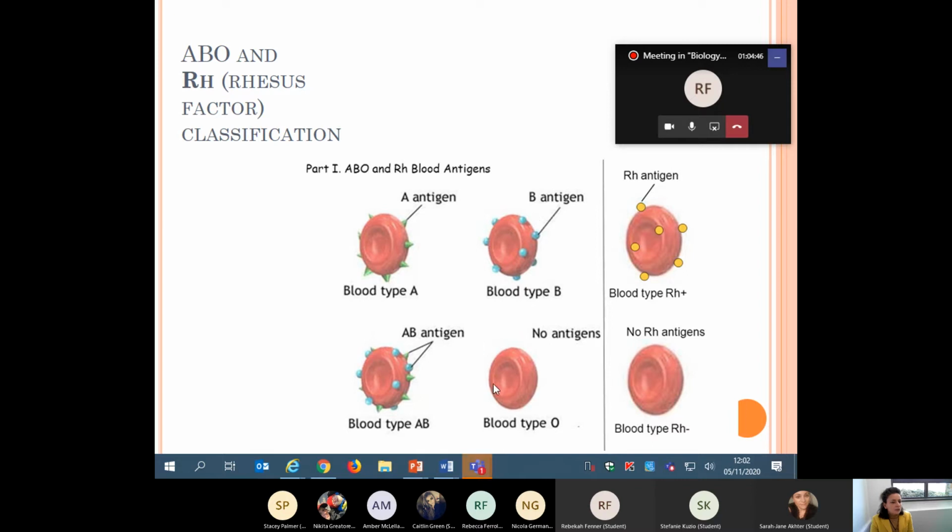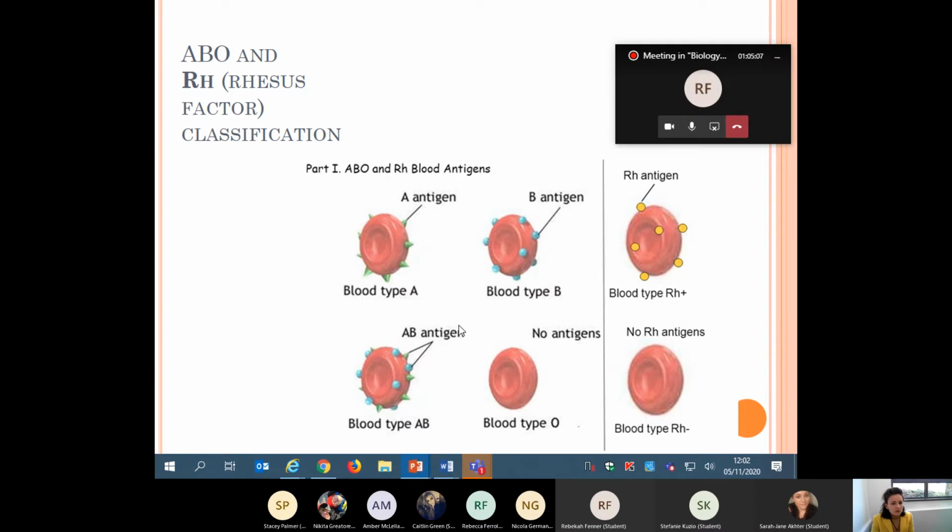Would the immune system be able to recognize antigen A? No, because the immune system is saying, never seen it before, have no idea what it is, must be a nasty. Let's attack it. So it's about thinking about it in a logical way.